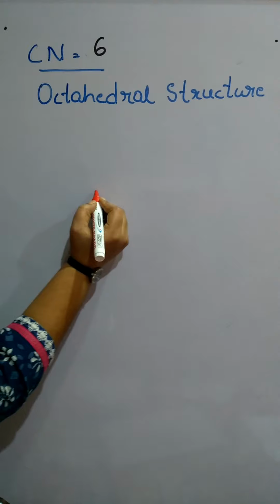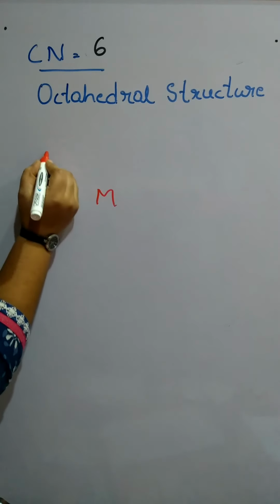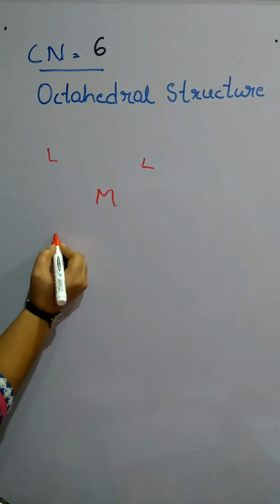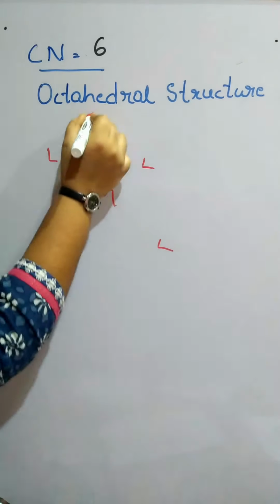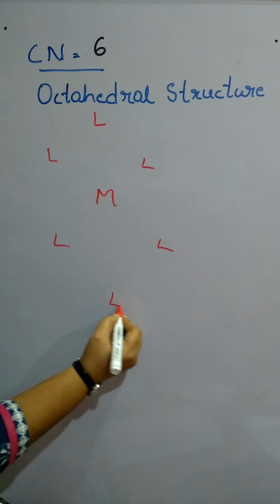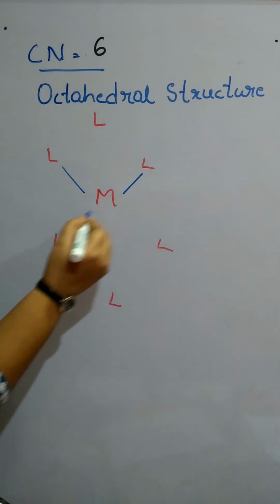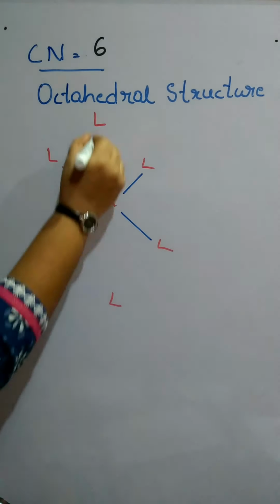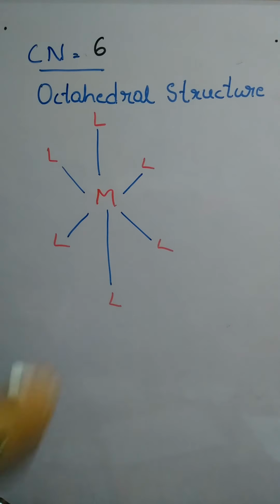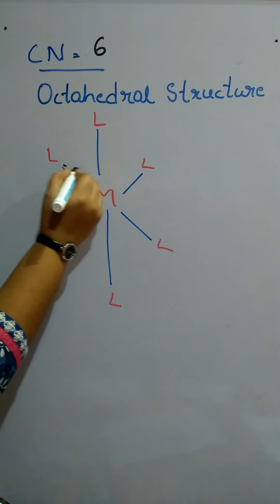Octahedral structure: metal, four ligands in a plane, one above the plane and one below the plane.